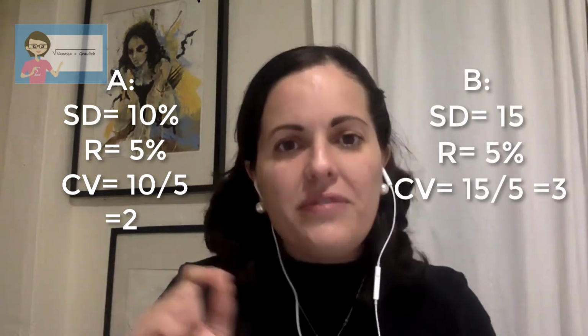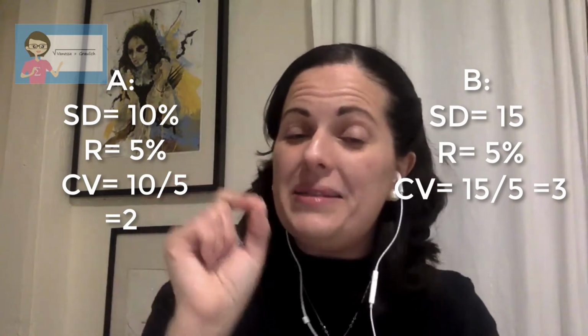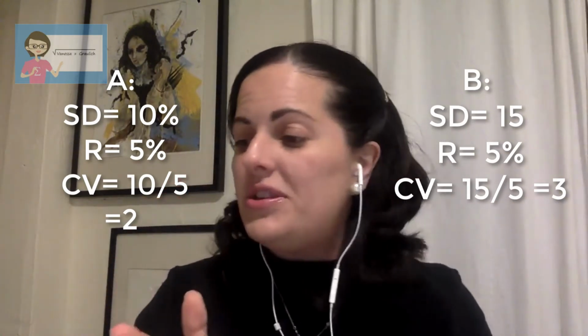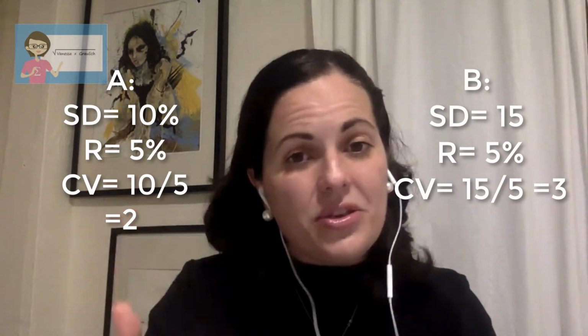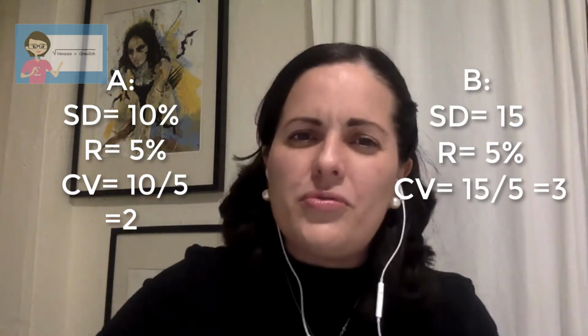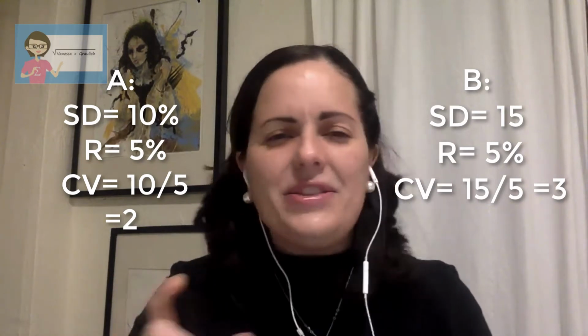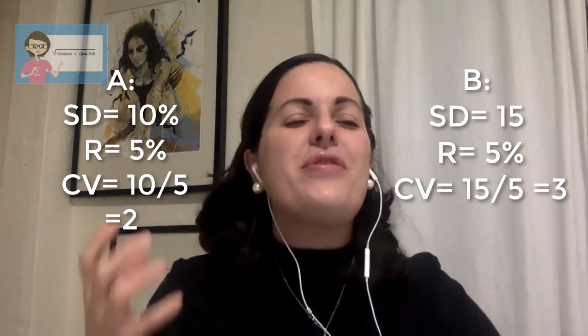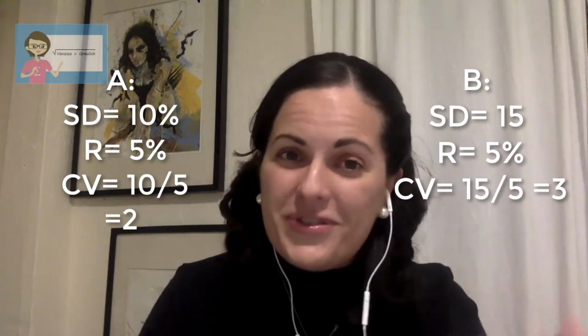When I do the coefficient of variation, which by definition is just the standard deviation over the return, you see that B is way riskier than A. We can figure out the relationship between the rate of return and the standard deviation just by doing the division. If you have several projects, the coefficient of variation helps you determine which one has more risk and which has less.